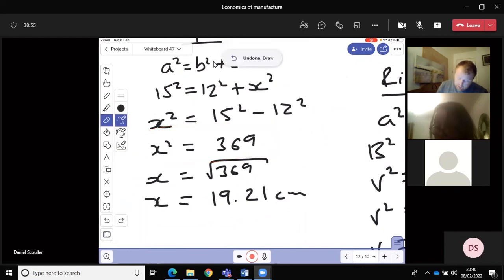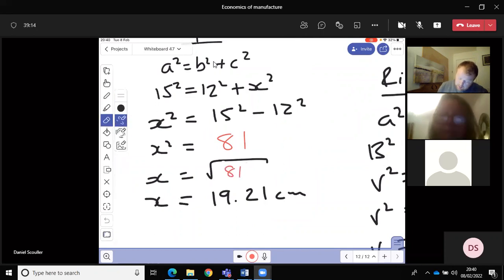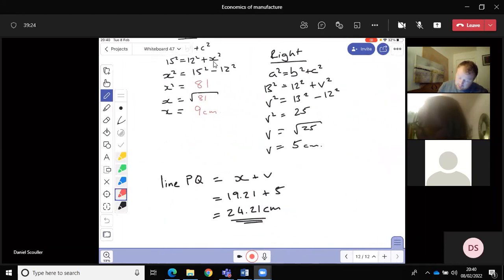So that is actually 81. That's root 81. And that will be 9 centimeters. Sorry guys.